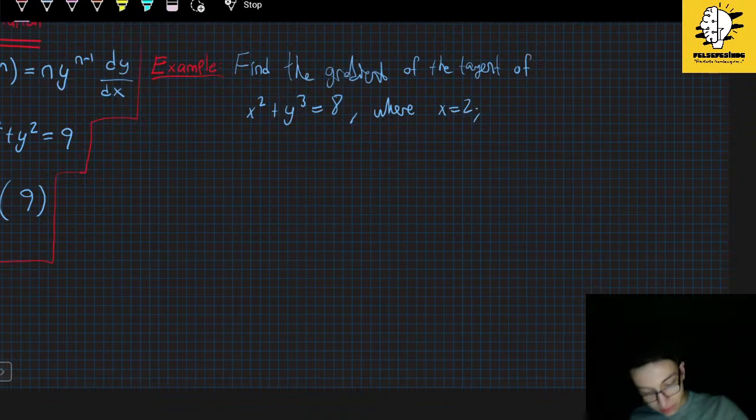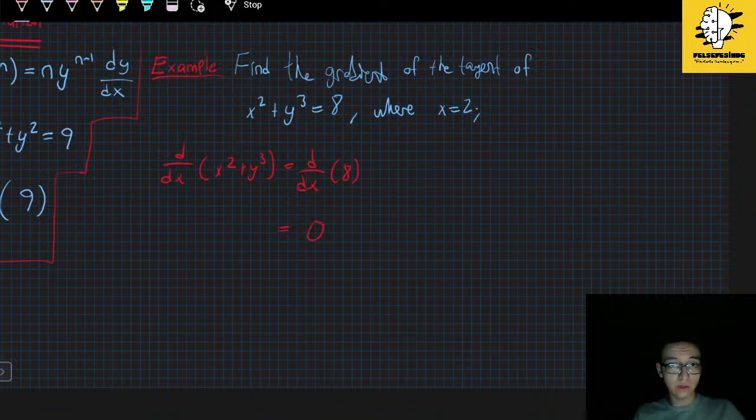Let's take d over dx for both sides: x squared plus y cubed, and d over dx of 8. I know that d over dx of 8 is 0, because it doesn't have any x inside of it. Implicit differentiation, this is what we call it. For the left side we will say 2x plus 3y squared times dy over dx.